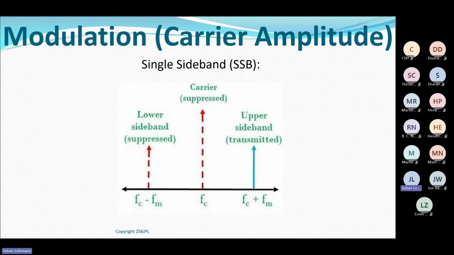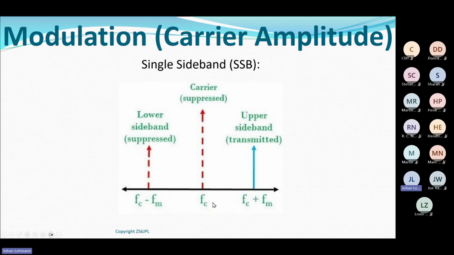Then the most efficient one at the moment for voice is what we call single sideband. So in other words, when I've modulated my carrier frequency, I use electronic hardware to get rid of one sideband and to get rid of my carrier.